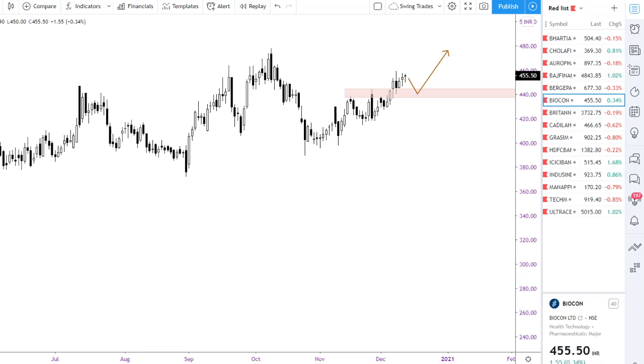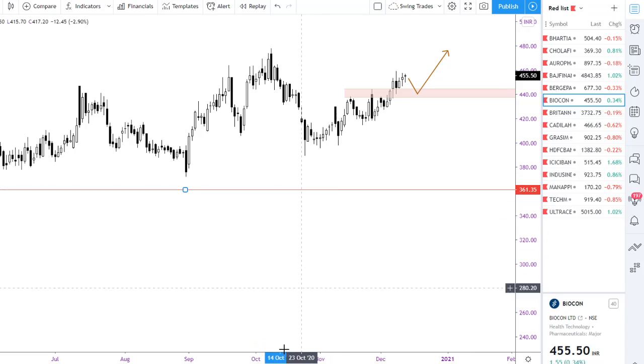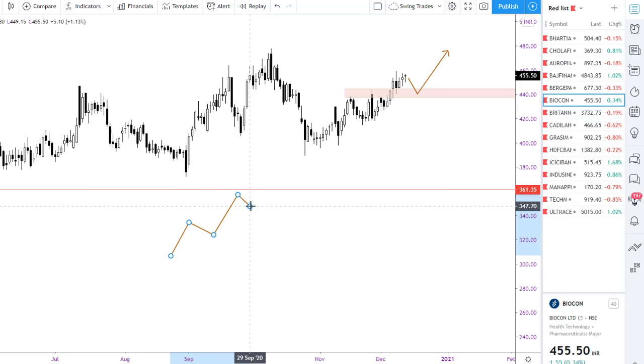What I mean by that is, suppose, let me give you a quick example here. Let's say this is a support zone, and the price is in an uptrend, something like this. If you have marked this as a support zone, and the price falls very quickly to this level, then we are looking for a second entry, not a first entry.